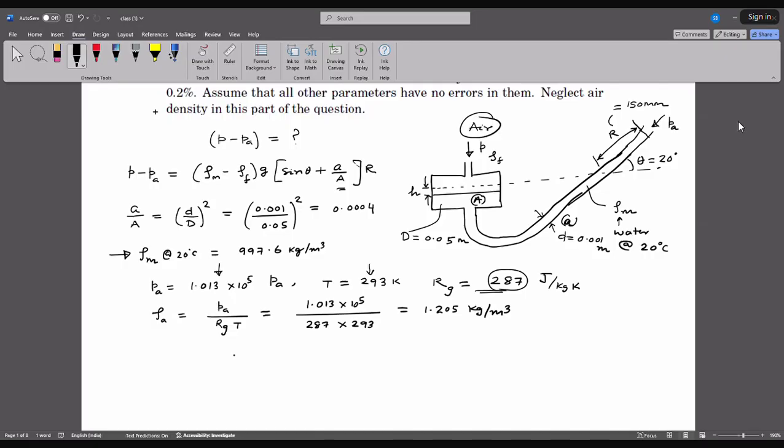So here we now know almost everything, so we can apply this equation.